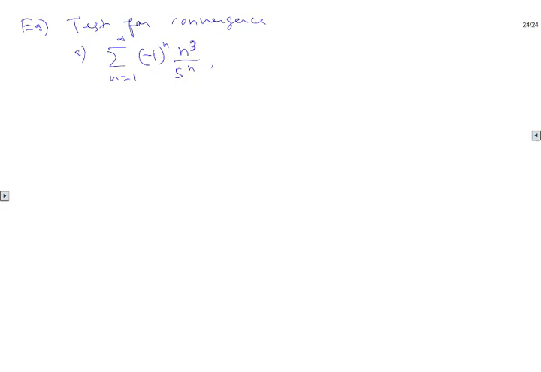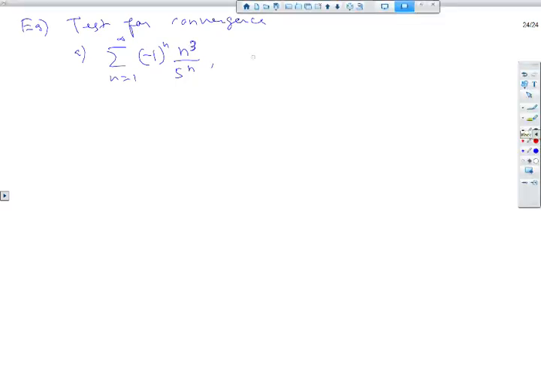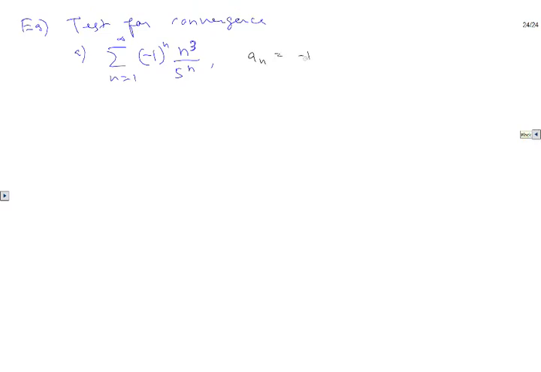In this case, you can see that an is negative 1 to the n, n cubed over 5 to the n. Okay, so let's try the ratio. It's the limit as n goes to infinity of an plus 1 over an. An plus 1 means replace the index n by n plus 1. That's what it means.